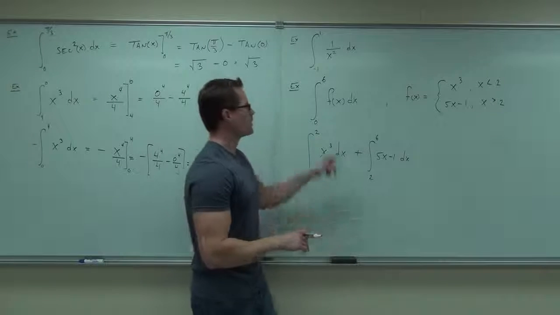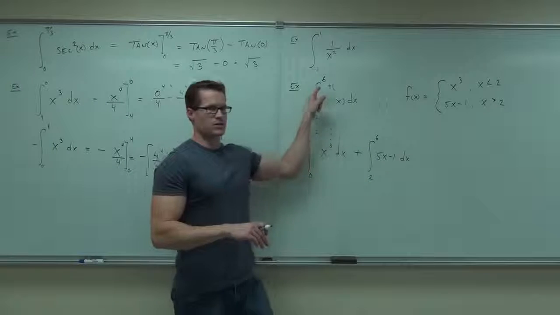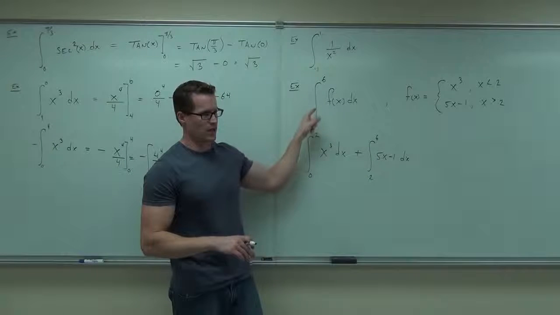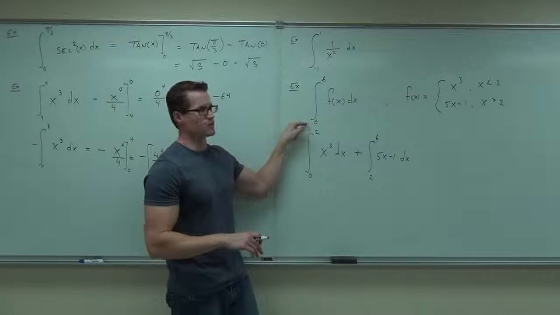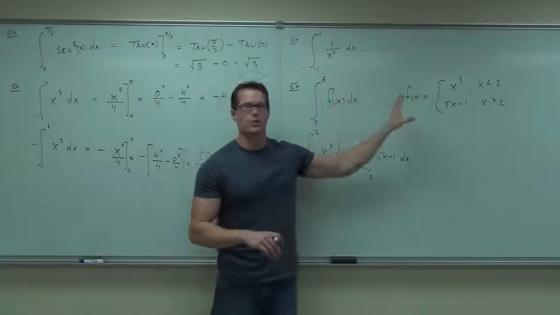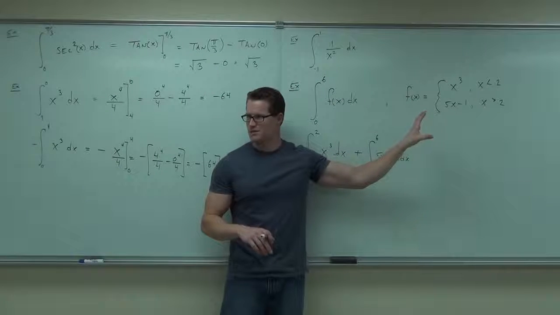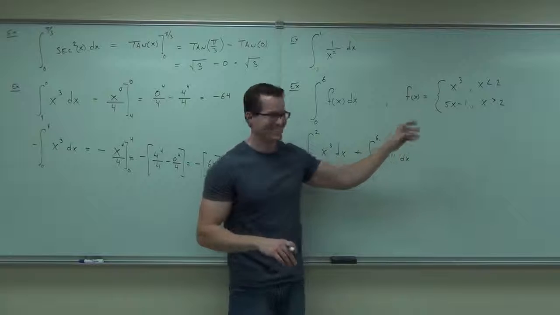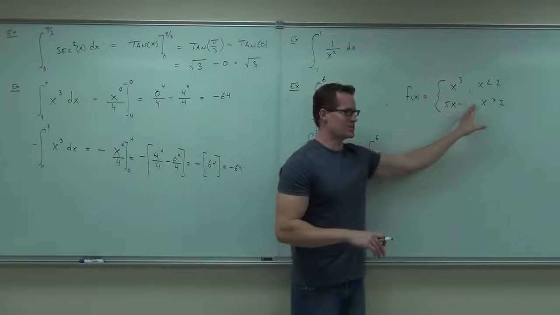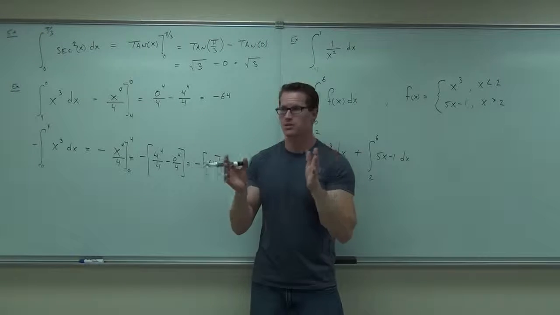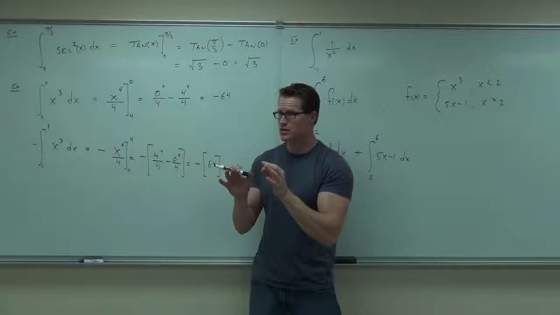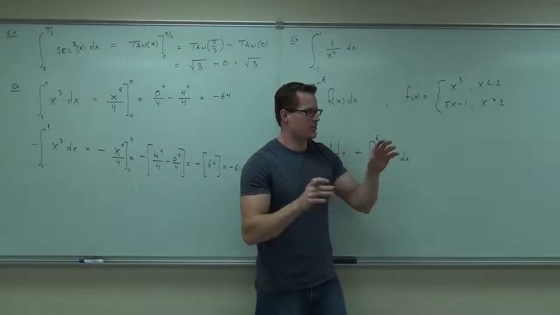However, this wouldn't make sense from 0 to 6. This one couldn't be given to you like that because this says continuously from 0 to 6. I couldn't do that to you, because you wouldn't have the ability to break it up, because to break it up, it does have to be continuous. I think I gave that to you.